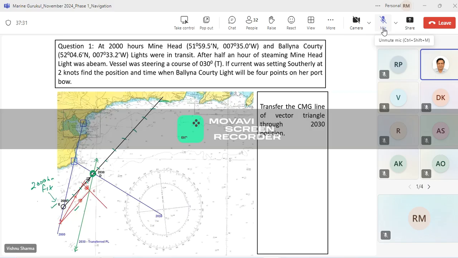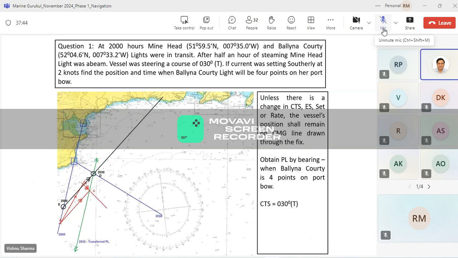The ship's position will be on this black CMG line. And now we have the true bearing of Bellina Coty when it is 4 points on the port bow. So see here now. Obtain the position line by relative bearing when Bellina Coty will be 4 points on the port bow.